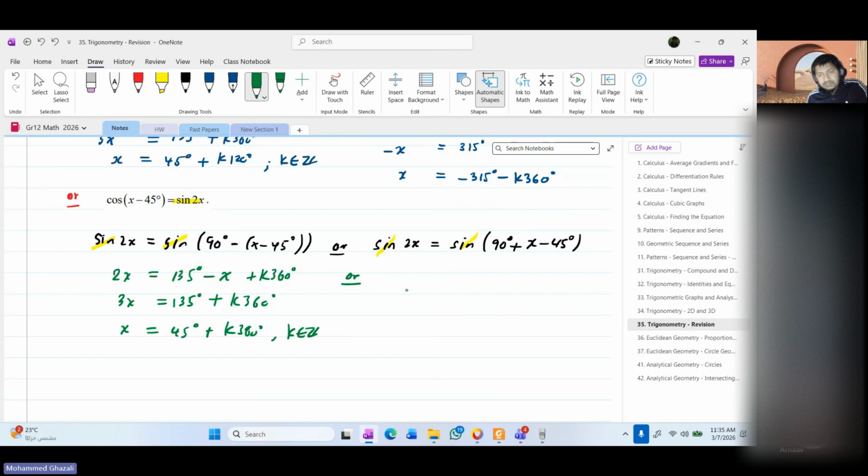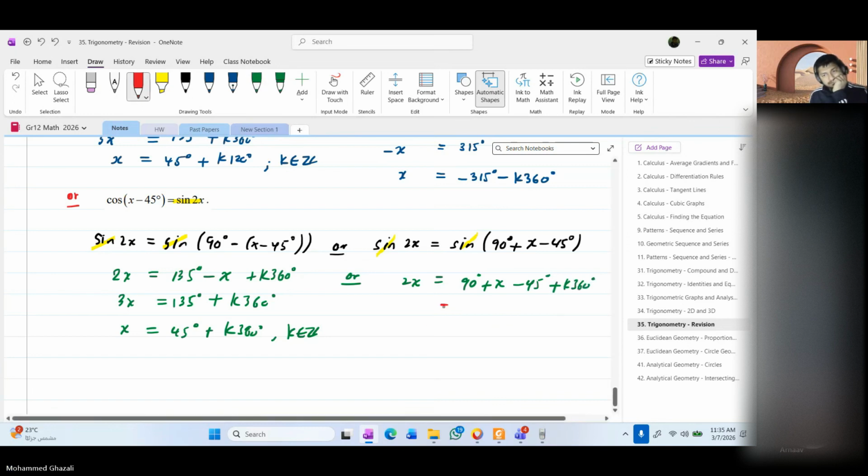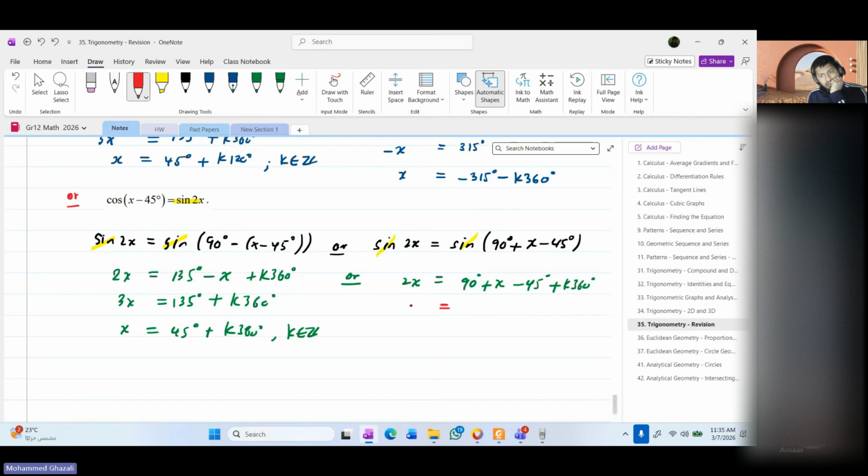Or you got 2x is equal to 90 plus x minus 45 plus K 360. X is equal to 45 plus K 360. Only this one looks different because this is a negative angle, right?